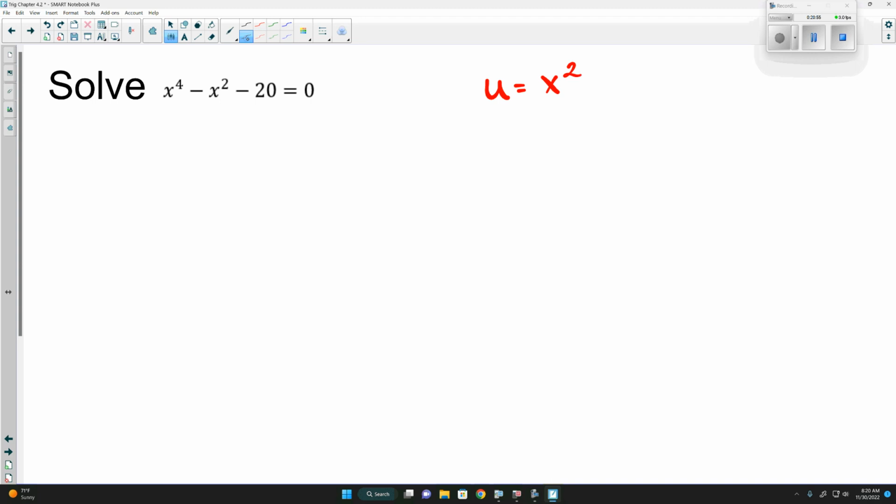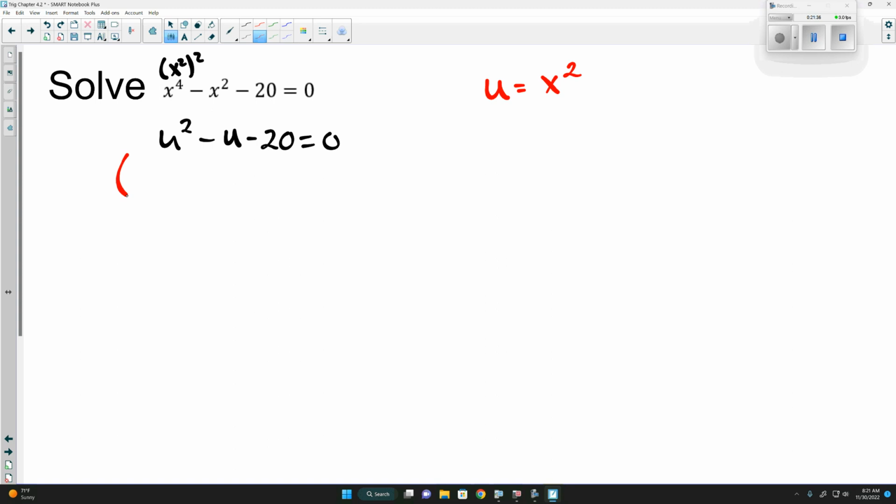What this does for us here is we can turn the middle x squared into just u. Now, x to the fourth, really this is the same as saying x squared squared. So we get u squared minus u minus 20. Is that something that y'all could probably factor? A lot easier than x to the fourth minus x squared minus 20.